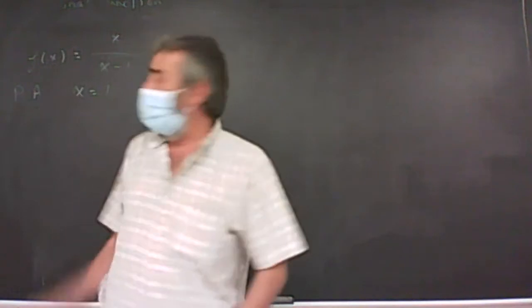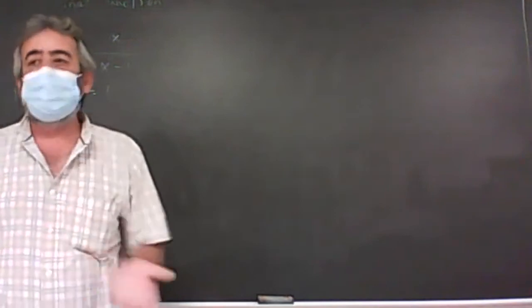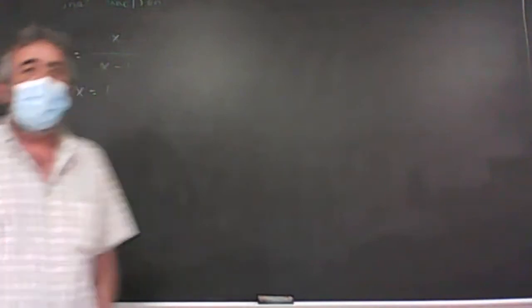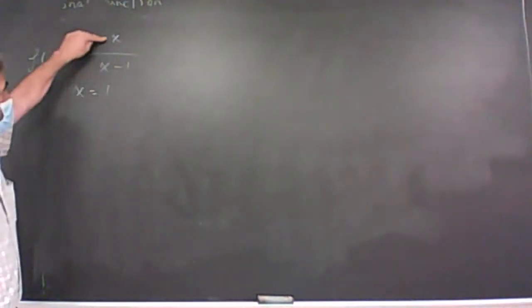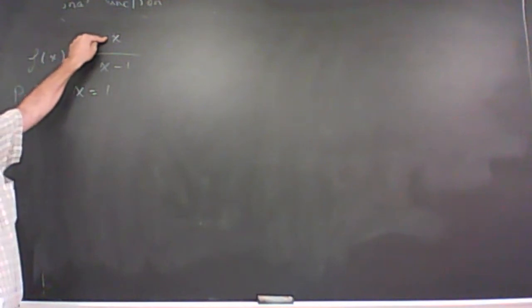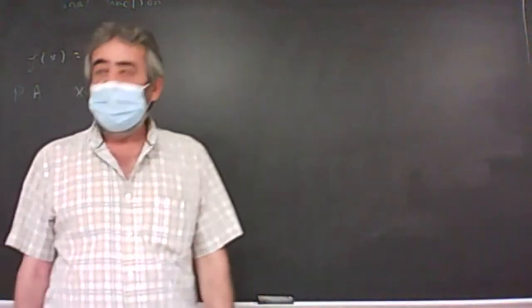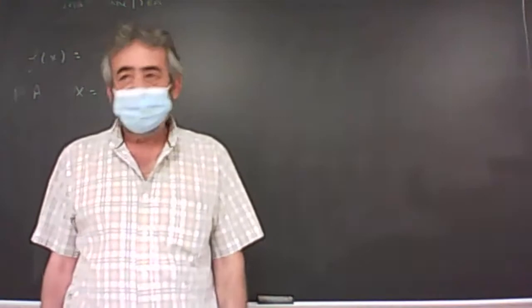Correct? How do I know if this one is a hole or an asymptote? Simply take this value and substitute it in the numerator. If you get a 0, it's a hole. If you get anything other than 0, it is an asymptote.